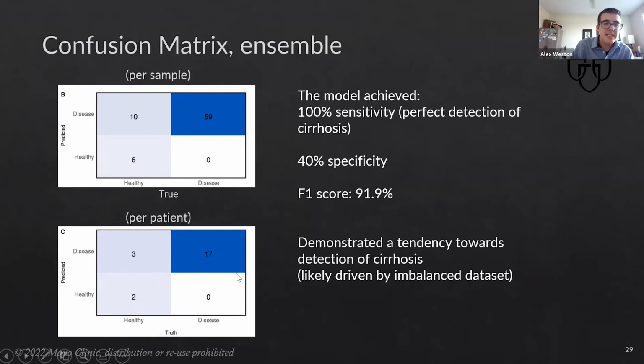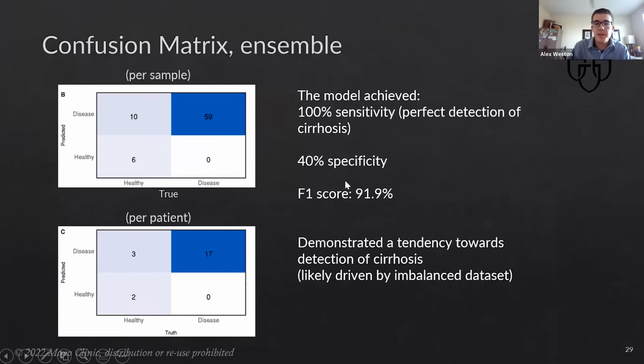What we're seeing is that the model correctly identified 17 patients that had cirrhosis and 2 of our healthy controls, and then 3 false positive predictions where the model is falsely classifying a healthy patient as one that's having disease. And so the overall performance of this model, we had 100% sensitivity, in other words, perfect detection of cirrhosis.